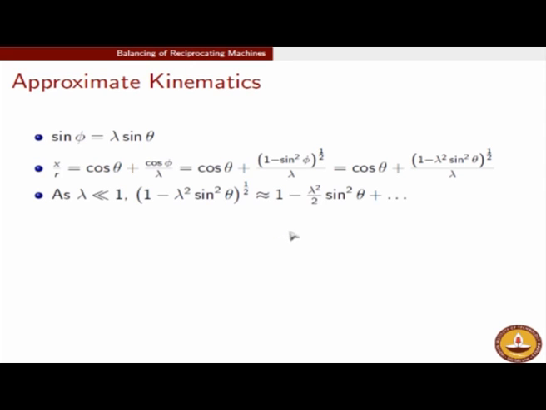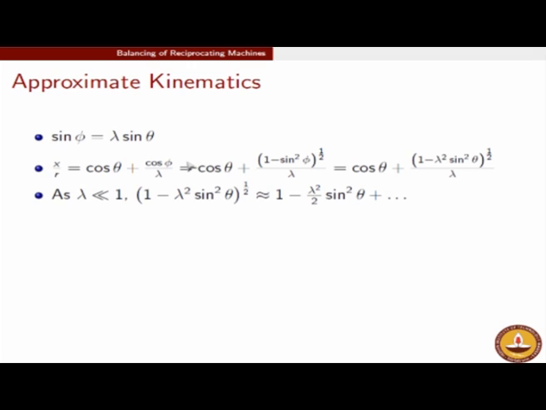But then we were also able to do an approximate kinematic analysis, and the basic premise of the approximate kinematic analysis was that you define a variable called lambda, which is nothing but crank radius divided by connecting rod length.